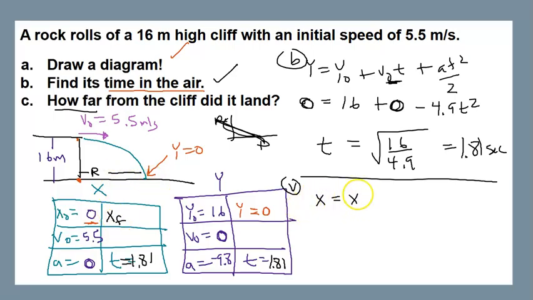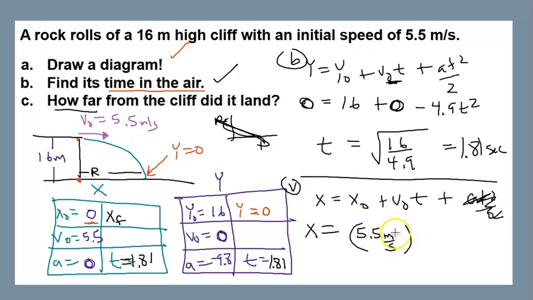So x equals x naught plus v naught t plus no acceleration, and it doesn't have a head start. So it's just heading over, just like the Joker in the demo, at 5.5 meters per second for a total time of 1.81 seconds. That gives you 9.94 meters.